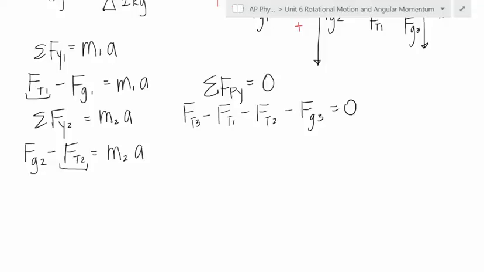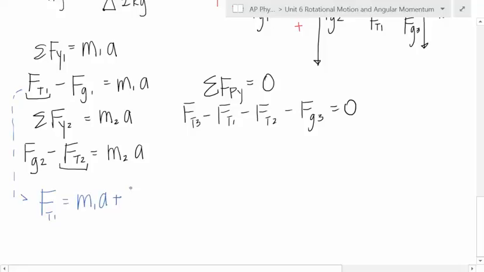The algebra begins. So I'm going to take this guy over here, and Ft1 would equal m1a plus, is Fg1 the same thing as m1g? I'm going to make that substitution as I go. The gravitational force is mg. Okay. Then I'm going to take this one over here, Ft2, would that be m2g minus m2a?